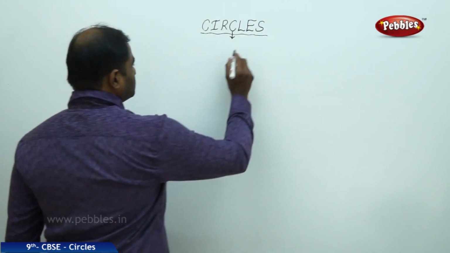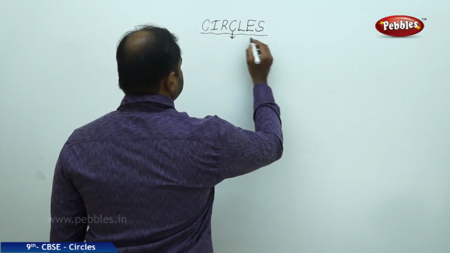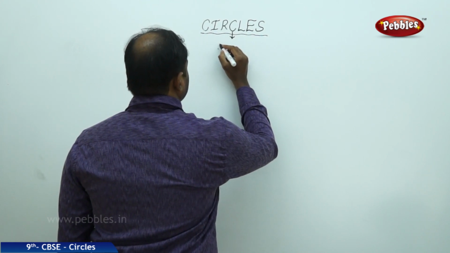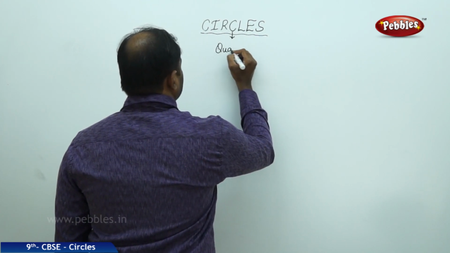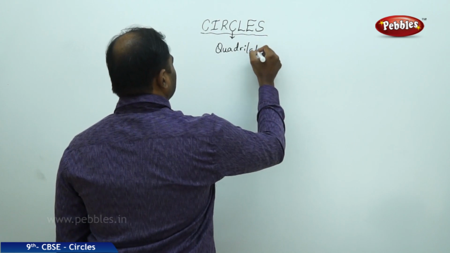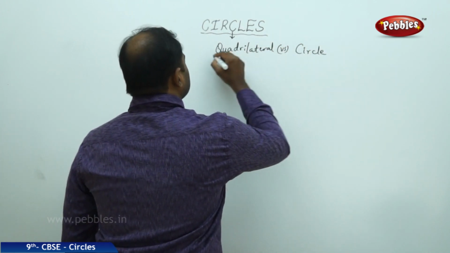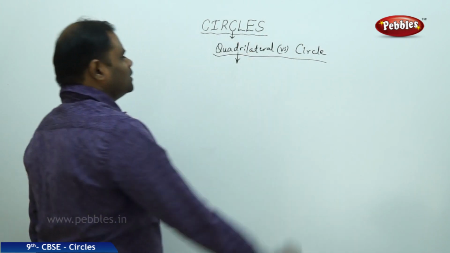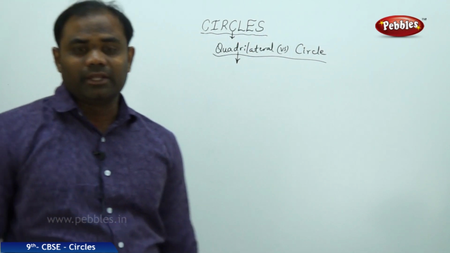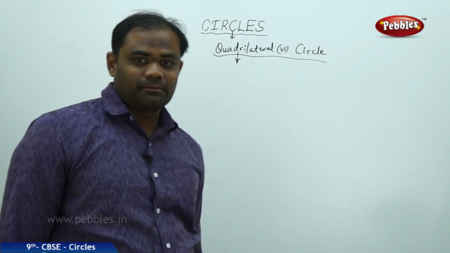So, investigating the quadrilateral versus the circle, let's see how we can relate a circle with a quadrilateral.